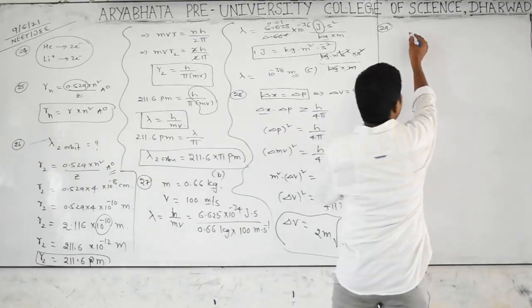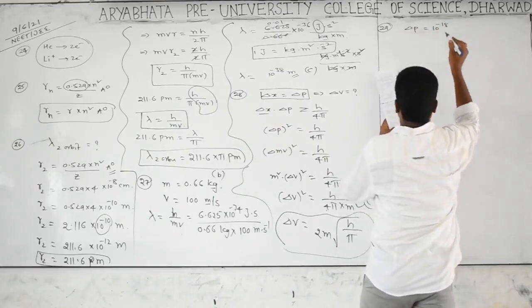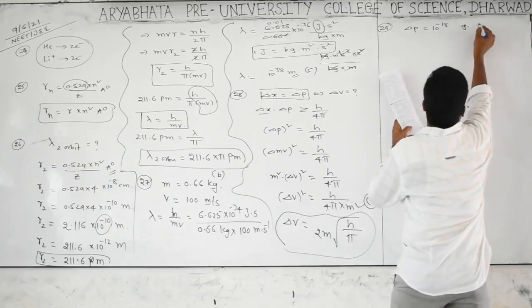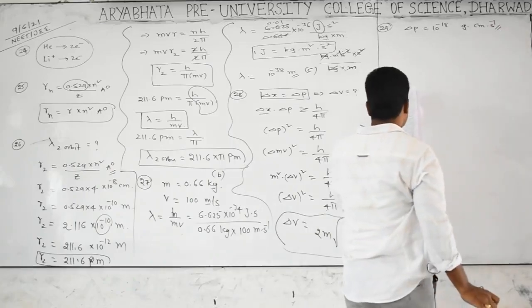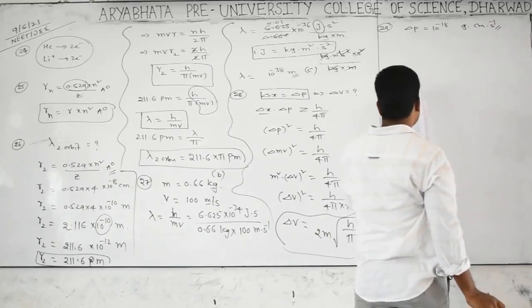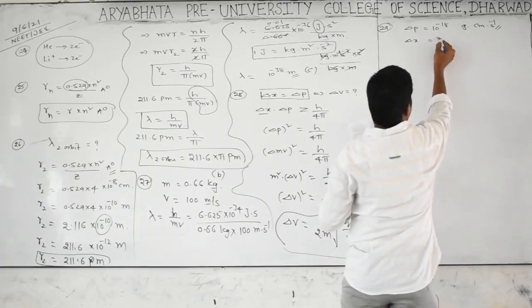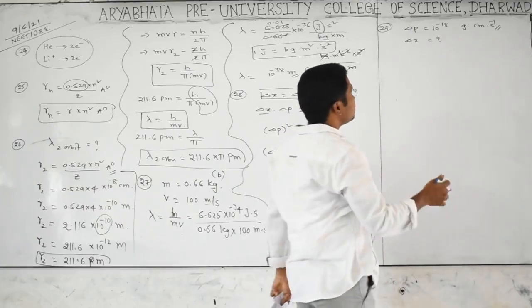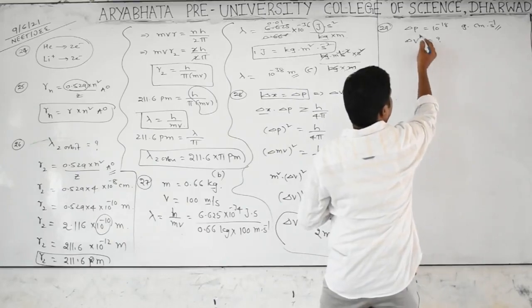The uncertainty in the momentum, delta p, is given as 10 to the power of minus 18 gram centimeter per second. He is asking what the uncertainty in the velocity will be. What should we do? Yes, very simple. Velocity or position is asking? Velocity is asked. Delta v is asked.